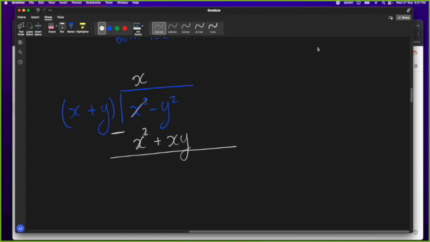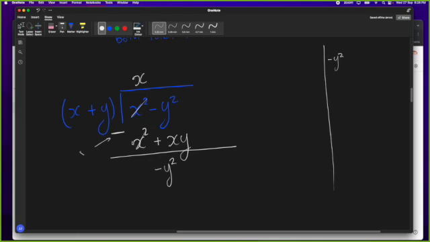Right? And in my working column here, I'll have minus y squared, but I don't have any other y squared to minus that with. So that means that I'll bring down that minus y squared here. Right? And then I have this plus xy. I don't have anything to minus it from, but it does have a minus sign in front of it.